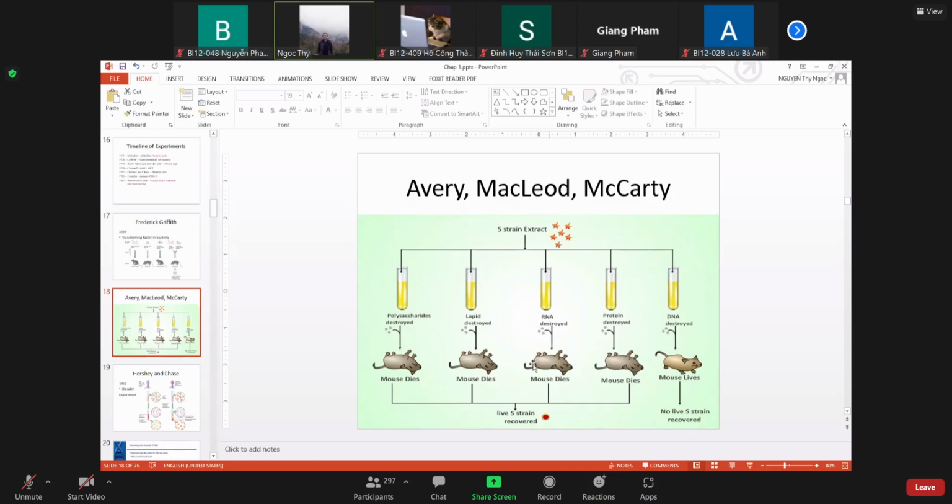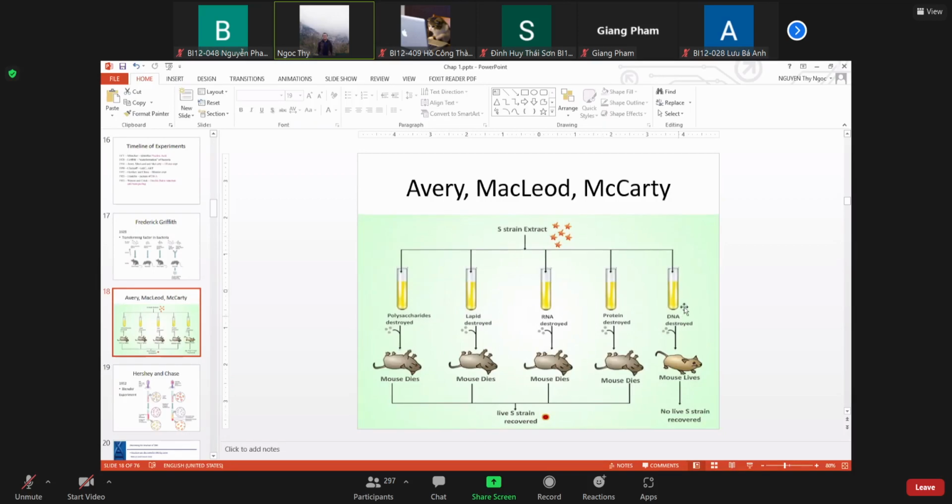The mouse was also killed. In the fourth experiment, they mixed it with proteinase, which destroys protein. The mouse was also killed. And in the sample of the killed mouse, they found the live S strain.